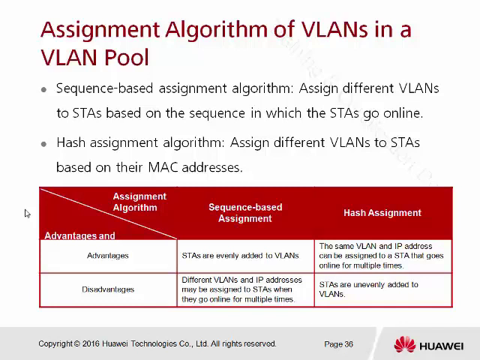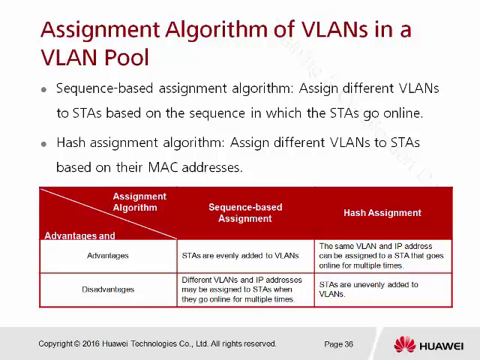So when you connect to this SSID and go online, you might get the IP address 10.1.1.1. After you go offline and come back again, you might not get the same IP address and the same VLAN.